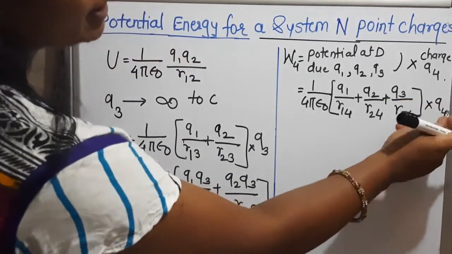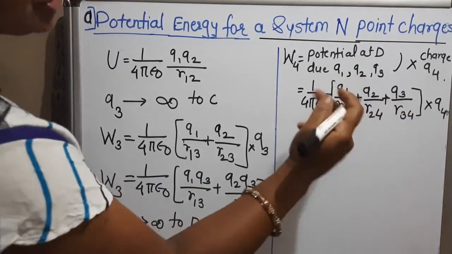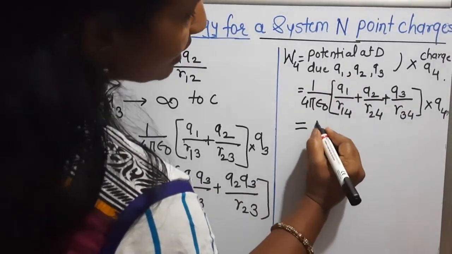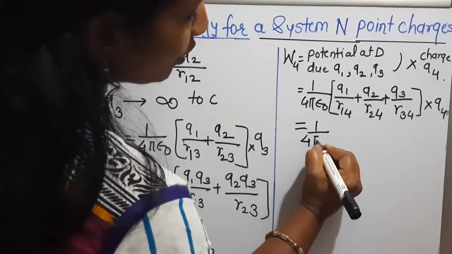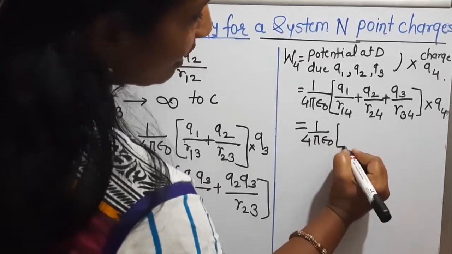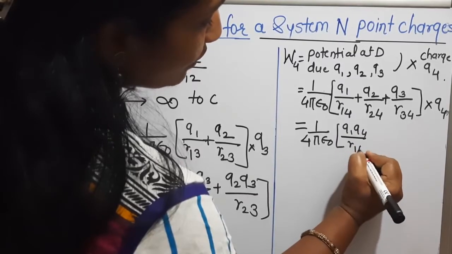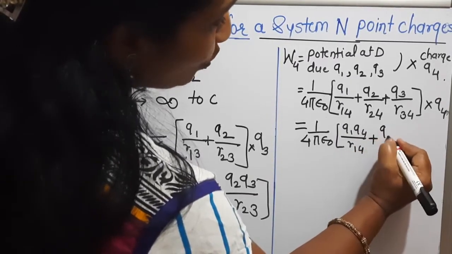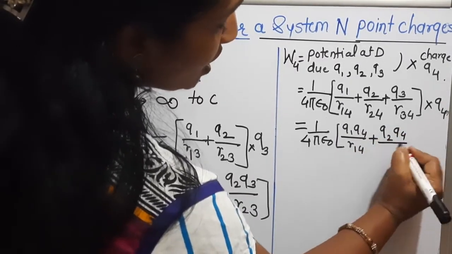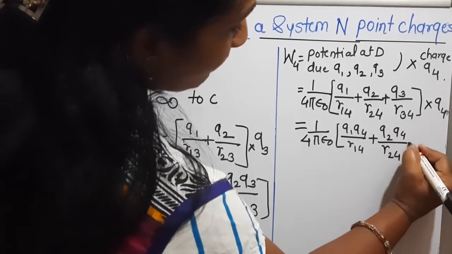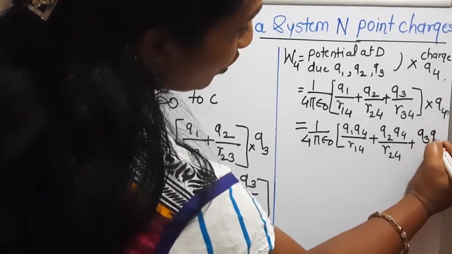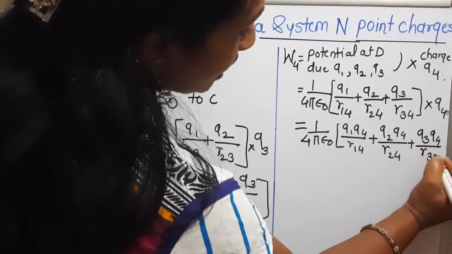After multiplying Q4 into each term, we get the relation 1 upon 4 pi epsilon 0 multiplying Q1 Q4 upon R14 plus Q2 Q4 upon R24 plus Q3 Q4 upon R34.